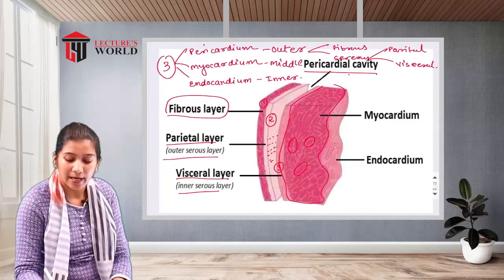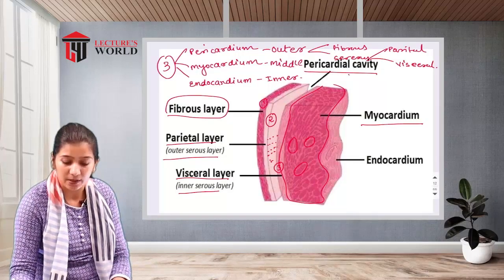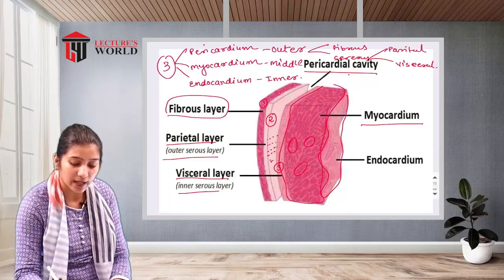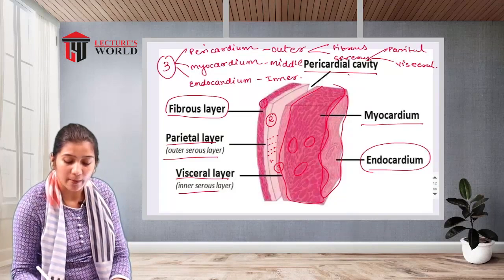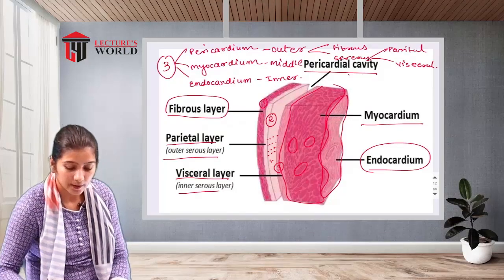That is the myocardium, the middle layer of the heart, made up of specialized cardiac muscles. And this is the innermost layer of the heart, the endocardium, made up of flattened epithelial cells.